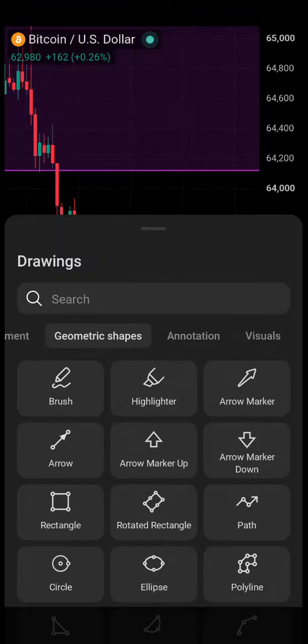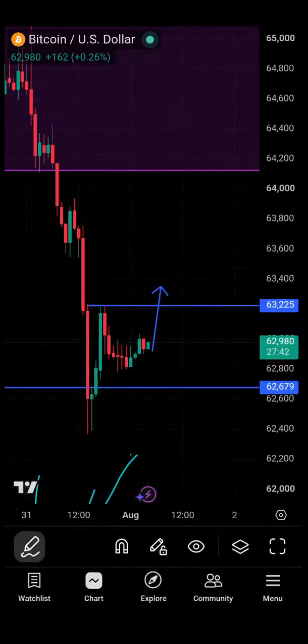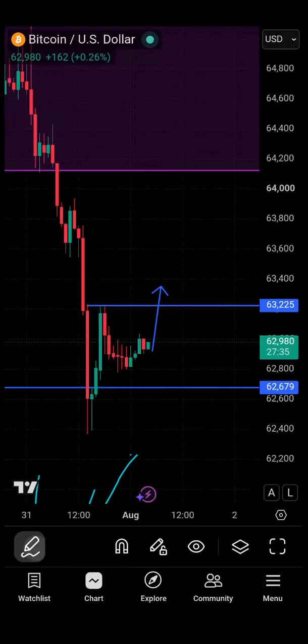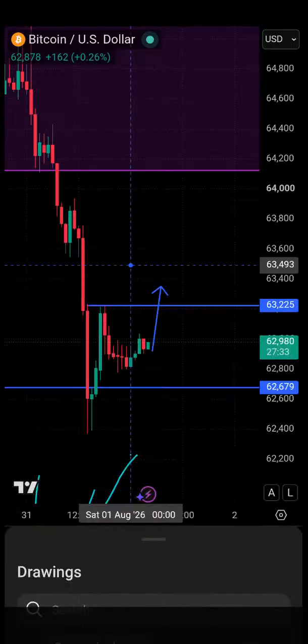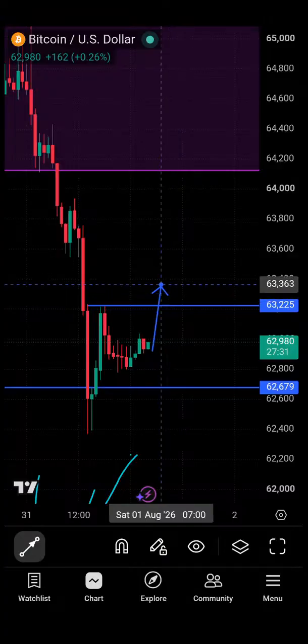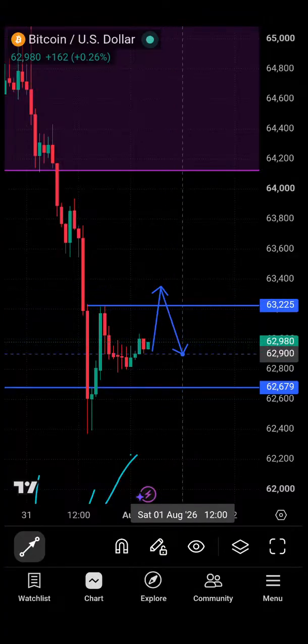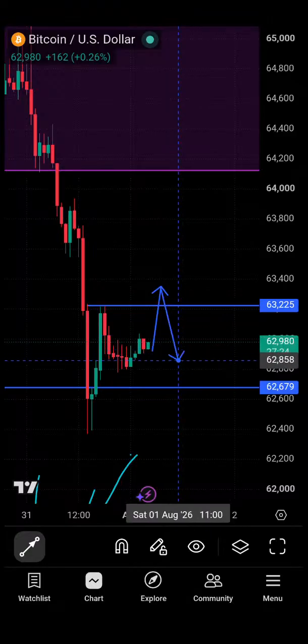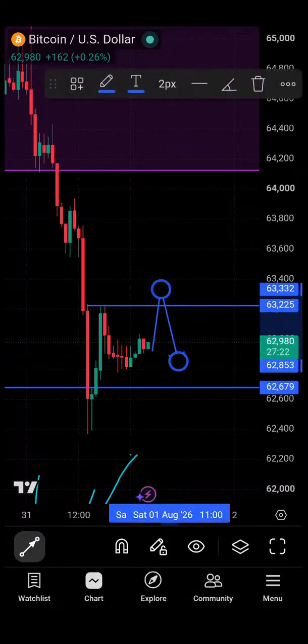Now, what I want to see from Bitcoin is that I want to see it break above here and then come back. Then I look for a buy, because I would know that now I have a double bottom that doesn't have equal highs.